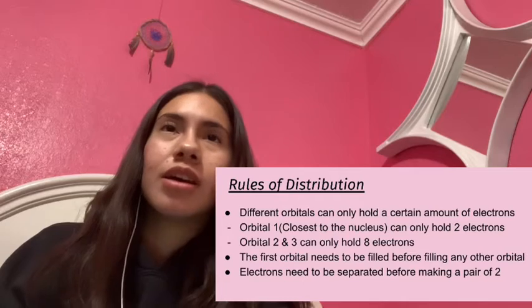But basically, what I'm saying is, I'm talking specifically for the orbitals 2, 3, and above, you first want to give the electron space.